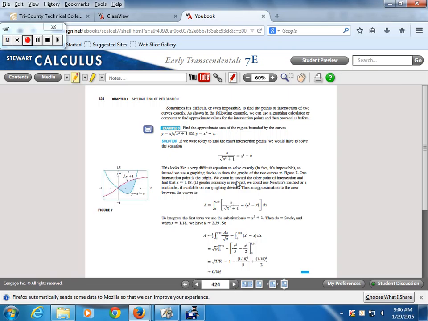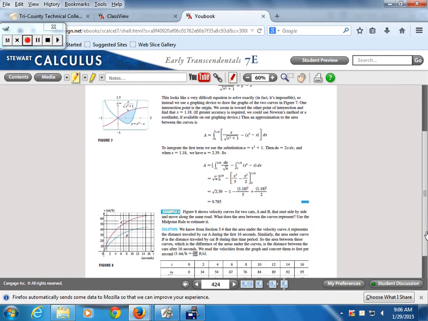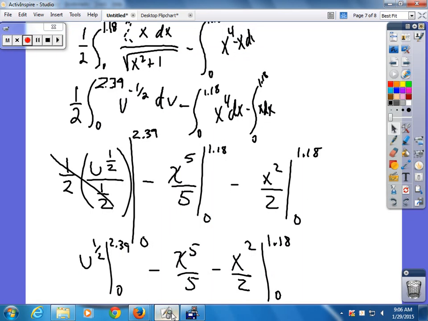Is it right here? Yeah. They used u. So square root of 2.39 minus all this stuff.